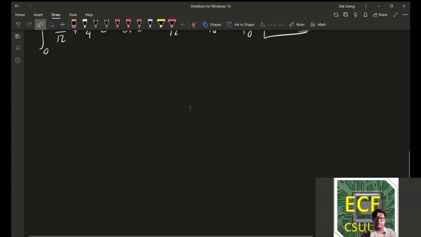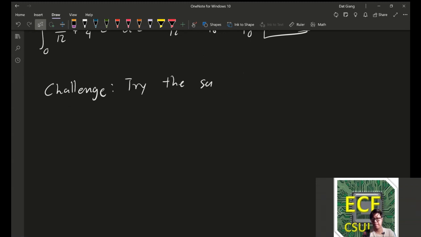Now, a challenge for the viewer. Try the same problem, but with different boundaries.